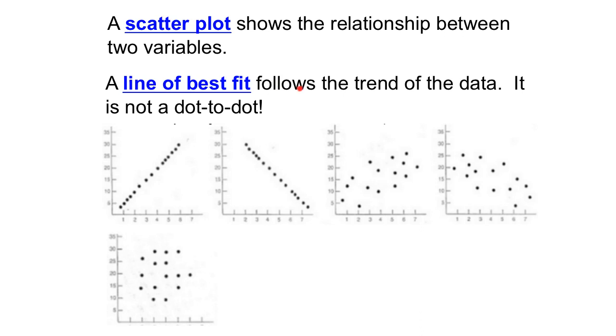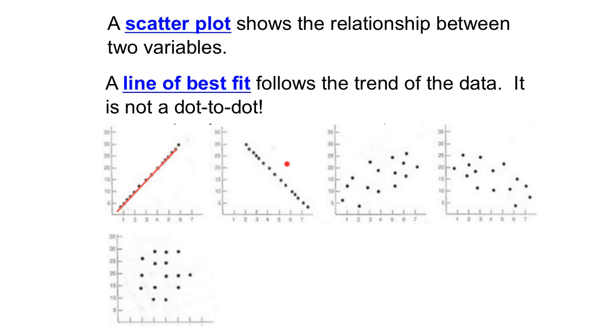This line follows the trend of the data. If I look at this first scatter plot, it looks like the trend of the data is an upward line. So I could draw this line to follow the trend, and that would be my line of best fit. It's the line that best fits all the points.